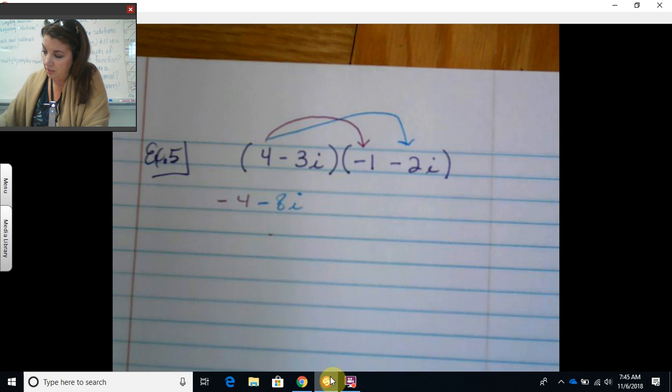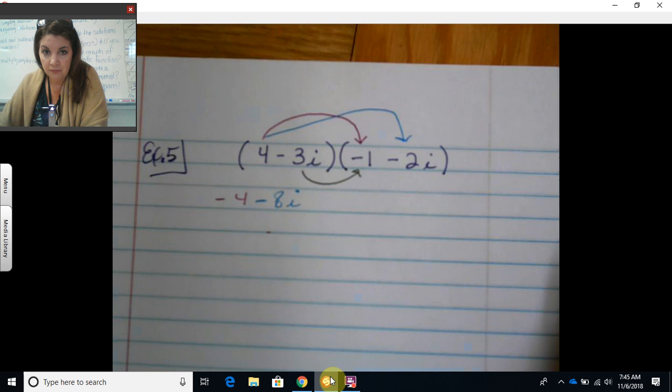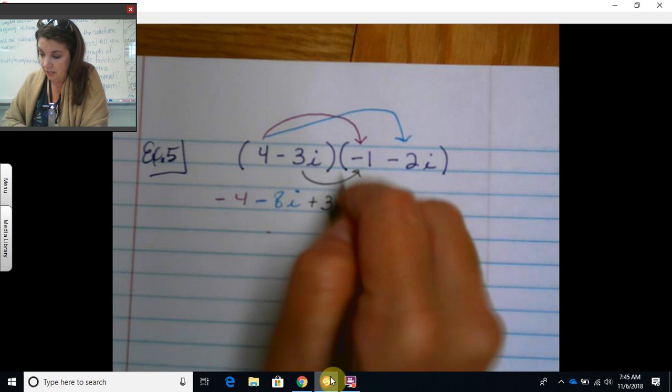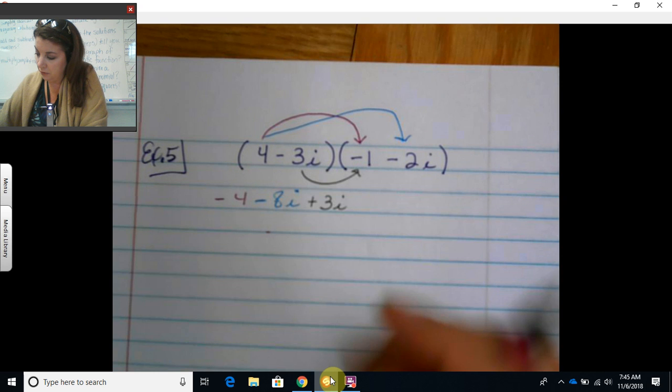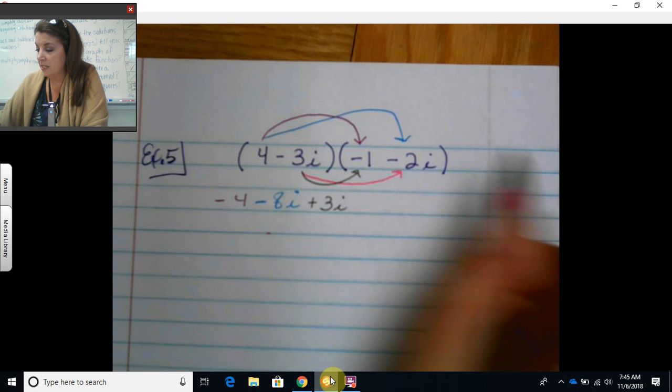The inner term times the inner term, -3i times -1, +3i. And my last term times my last term, -3i times -2i, plus 6i squared.